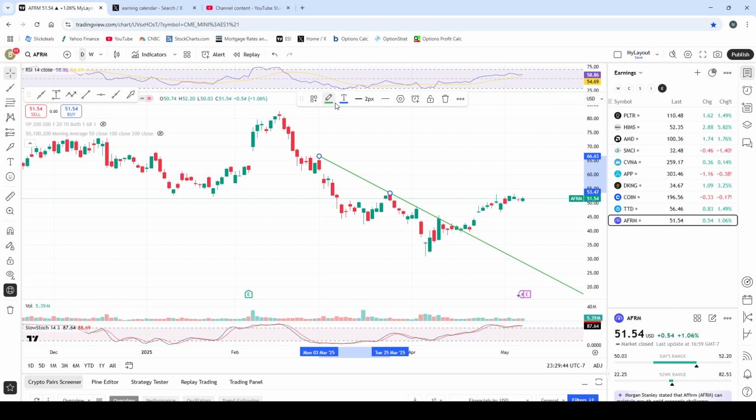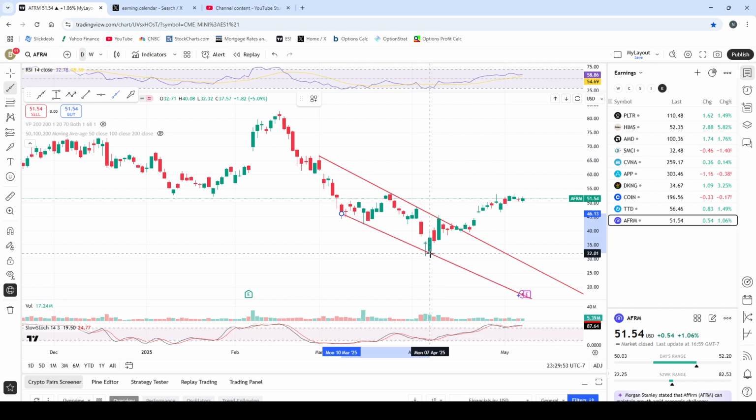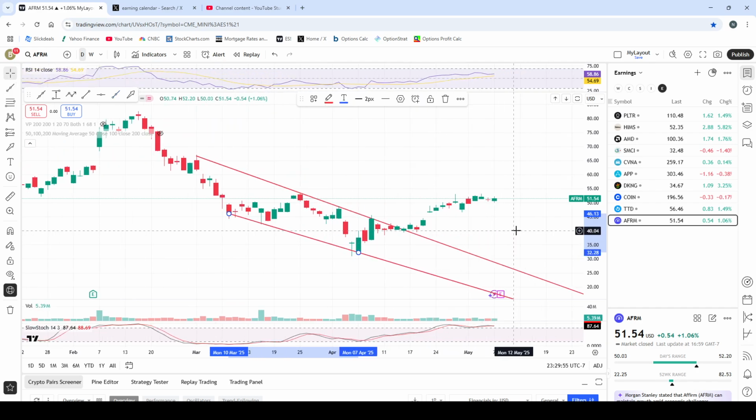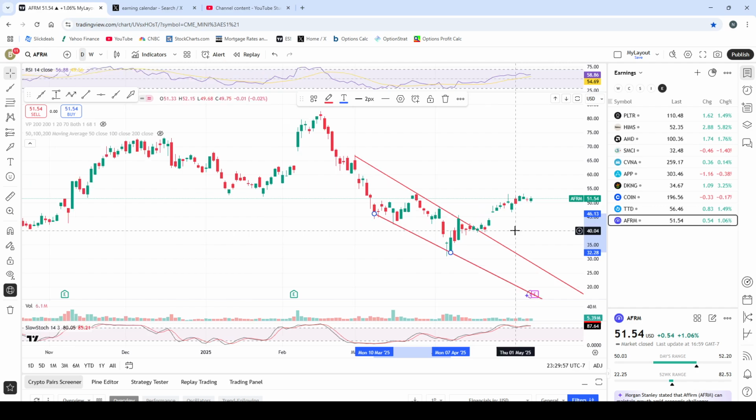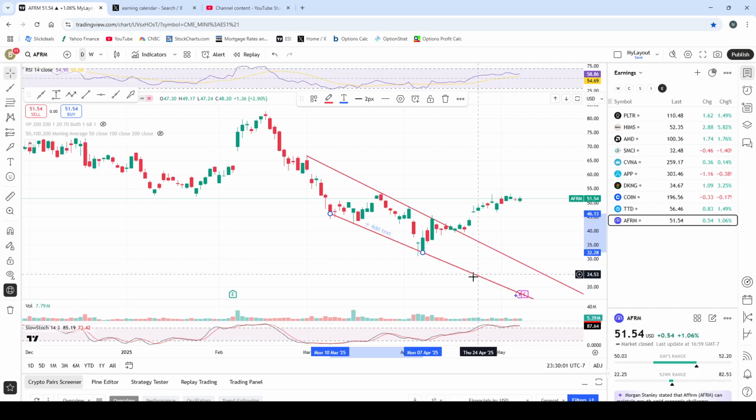Okay, so, and then for the bottom, for the low, from looking at the stock for the past month or more, it's been going up.